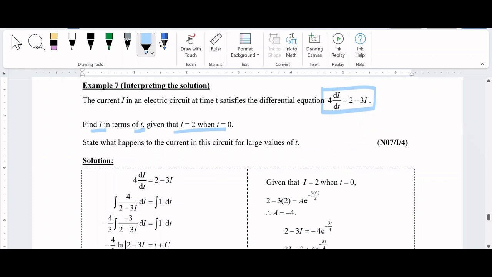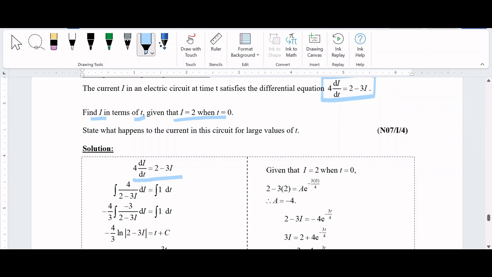So what we have learned earlier is that if we have this DE, we will try to put everything that is I on one side and everything that is t on the other, and then we integrate both sides, right? So this is what we call the variable separable. So in my case, I will keep all the I's on the left hand side, and I kept my 1 on the right hand side with the t.